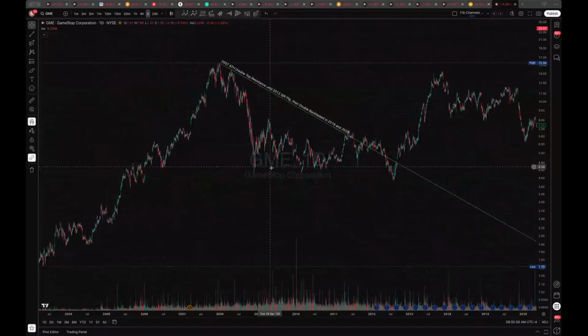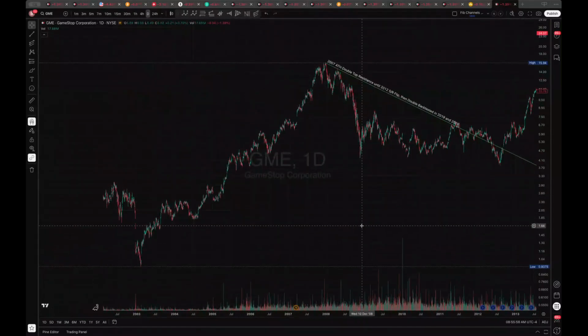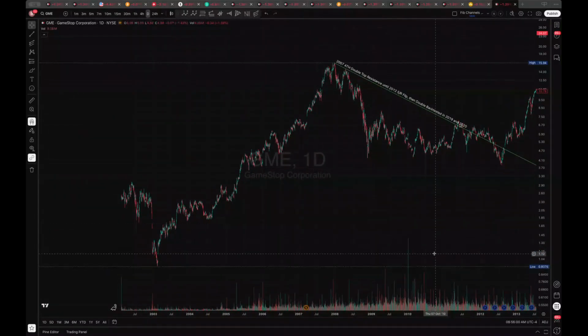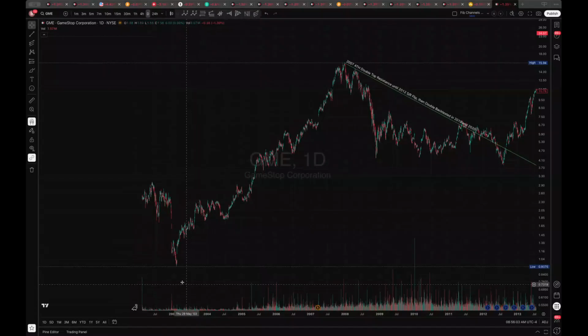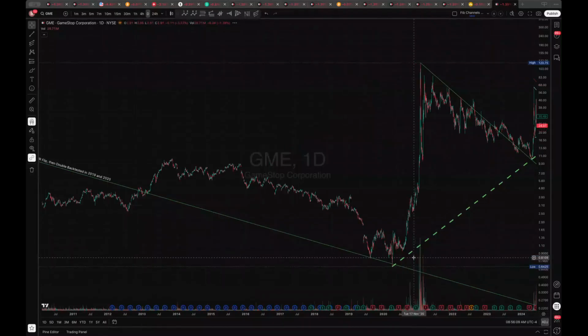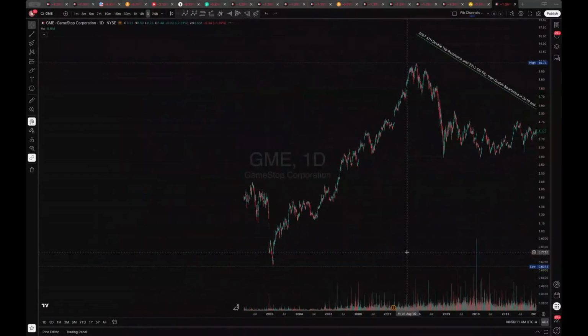The first is, and importantly, this is a chart that is not adjusted for dividends. So the low here in 2023 shows up at 93 cents. If I adjust for dividends, then the low in 2023 shows up at 63 cents.